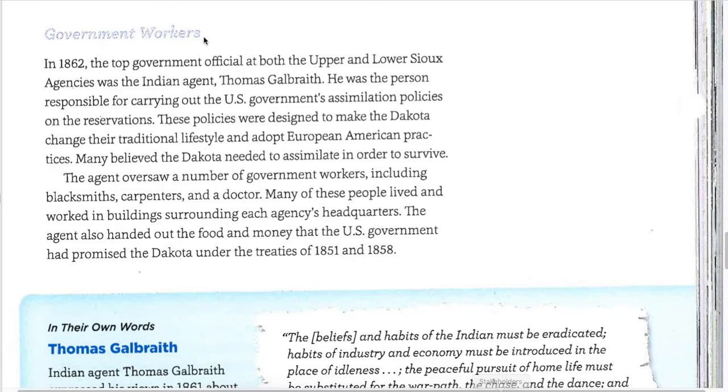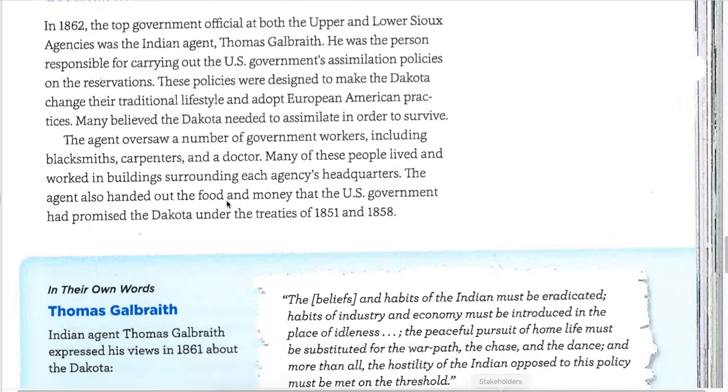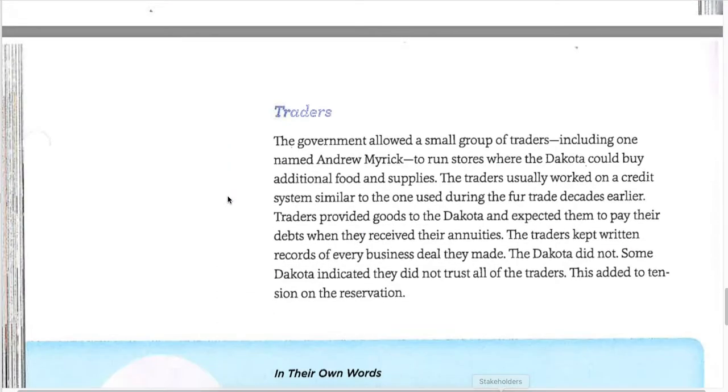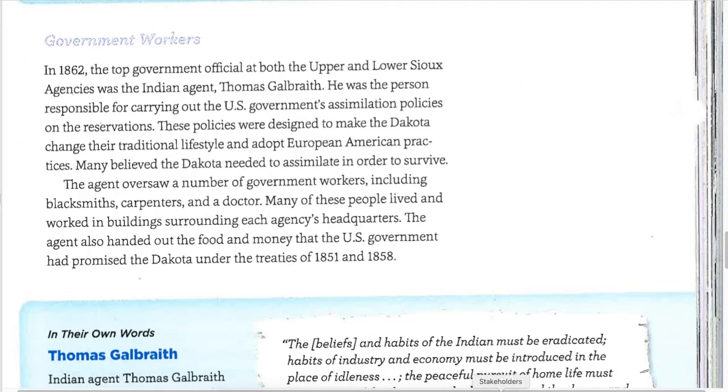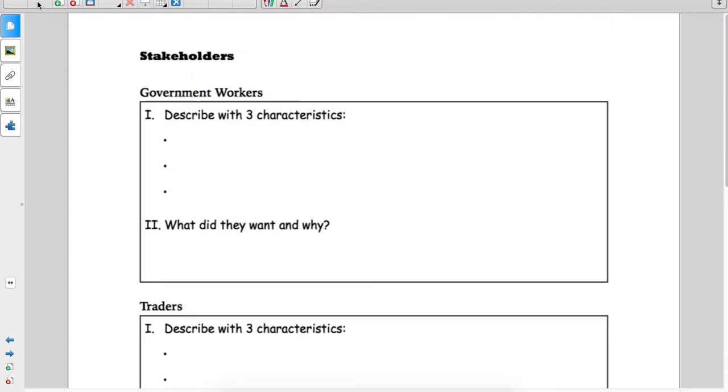What's interesting about the government workers is what they wanted to do with the Dakota. That was their want. So, you're going to pause now, and you're actually going to be taking notes here under government workers, and you're going to be doing this as a small group.